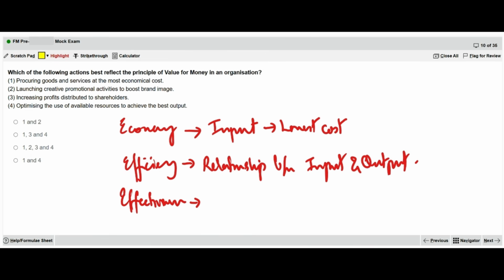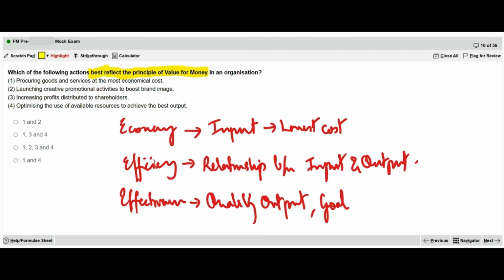Or it also speaks about the quality of the output. Now there are four options here, and the examiner is asking us to identify which best reflects the principle of value for money. So let's have a look at the four options.